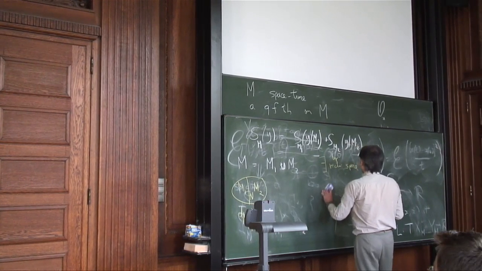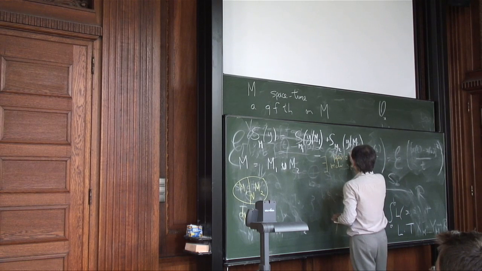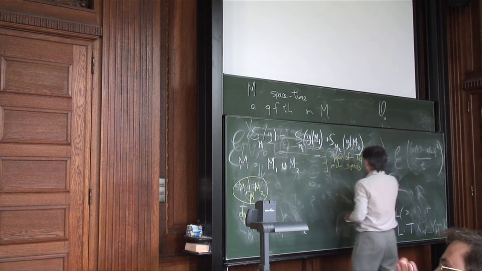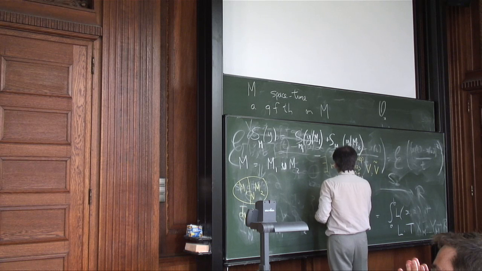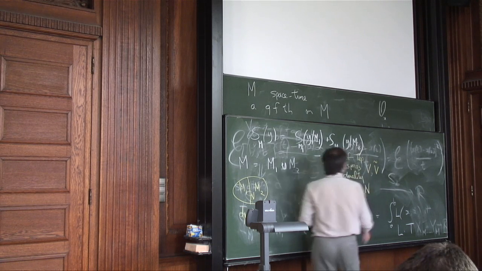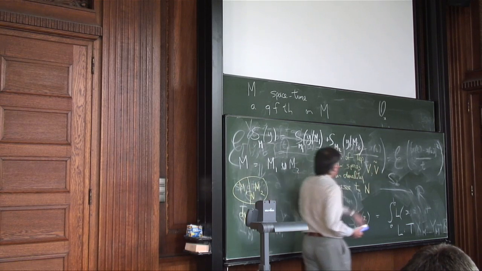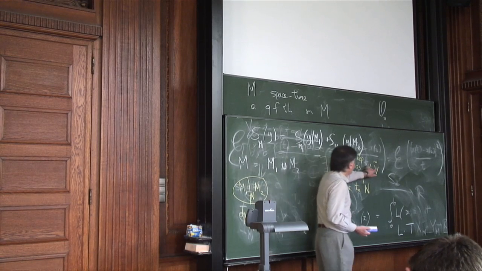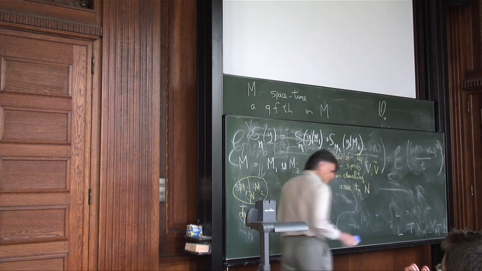So better still, a pair of topological vector spaces, in duality, associated to this submanifold N, and in such a way that one of them corresponds to one orientation of N and the other corresponds to the other orientation of N. So a choice of one of these corresponds to a choice of orientation.